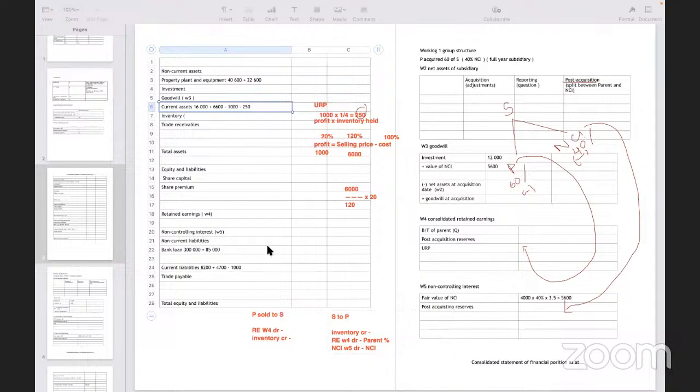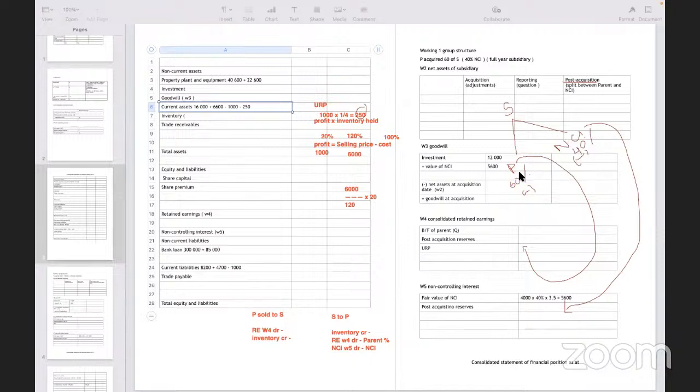In the earlier question, the parent sold, so the parent made the profit, and the parent keeps profit in retained earnings, so we removed it only from there. But if the subsidiary is selling, it becomes a little more complicated. Think like this: if the subsidiary is selling, the subsidiary makes the profit, and it gives the parent a percentage and the NCI a percentage.